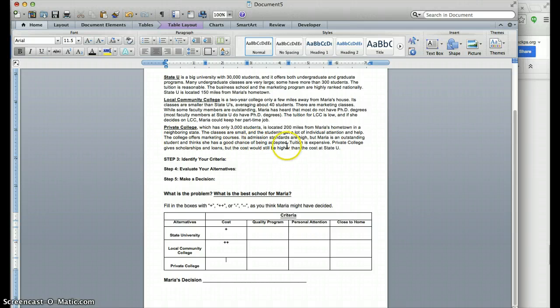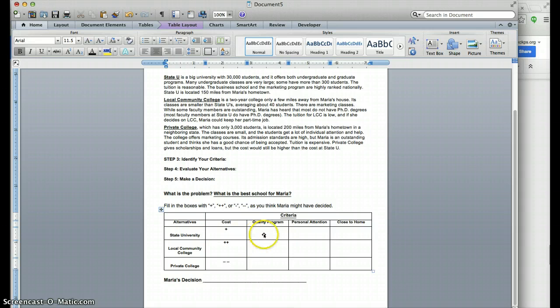Its admission standards are high, but Maria is an outstanding student and thinks that she has a good chance of being accepted. Tuition is expensive, so based on that information, we could put one or two negatives. So that's how you will evaluate the different alternatives based on the criteria.